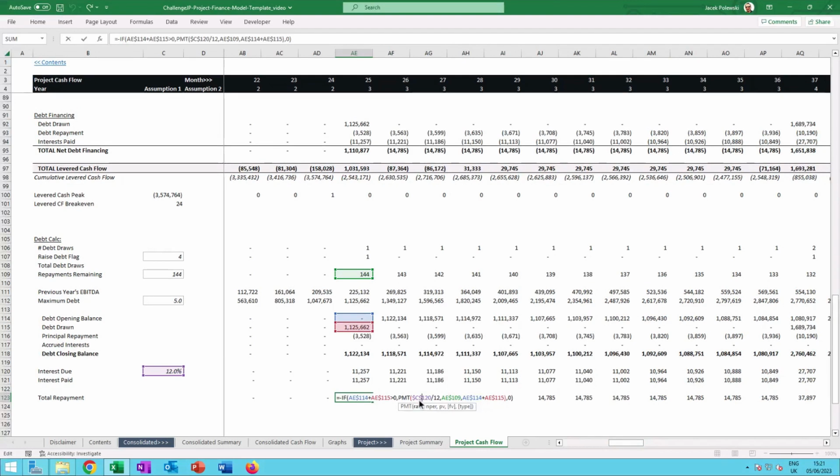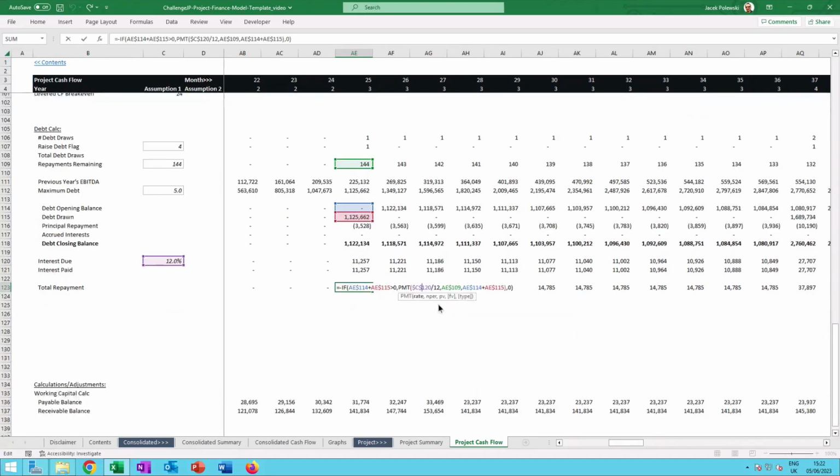You start with the rate being the assumption here, so 12% divided by 12. The reason why it's divided by 12 is because the rate is quoted on an annual basis, and you want to convert it to a monthly basis, because the model is done on a monthly basis. Then the NPER is the number of periods over which you want to repay this debt.